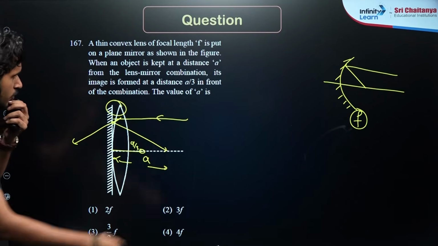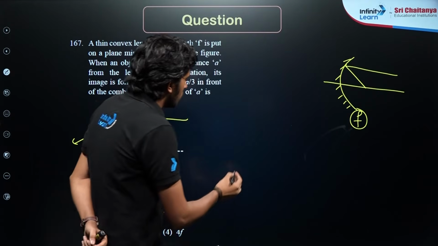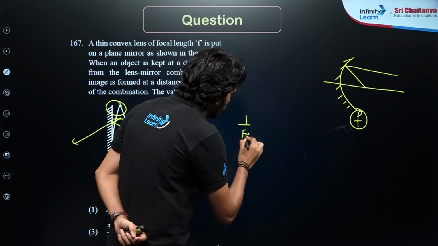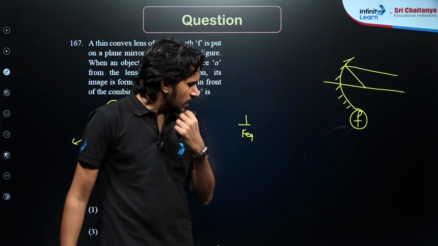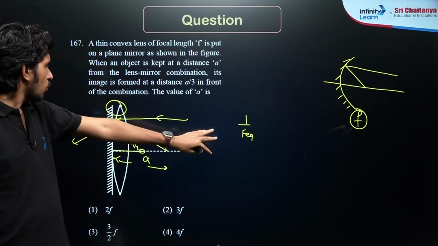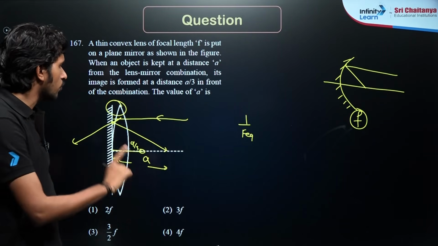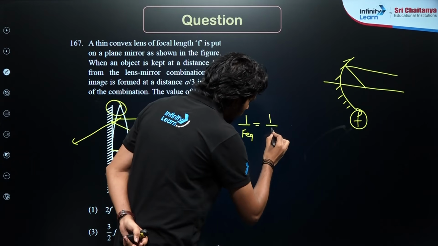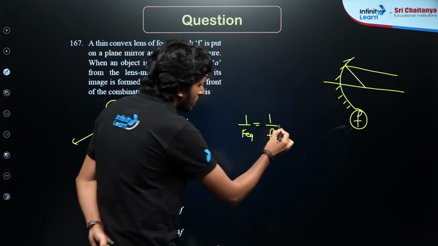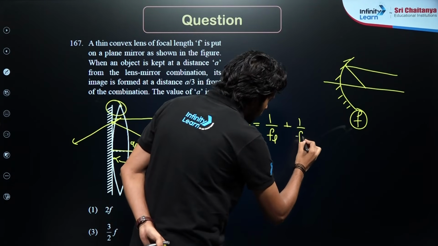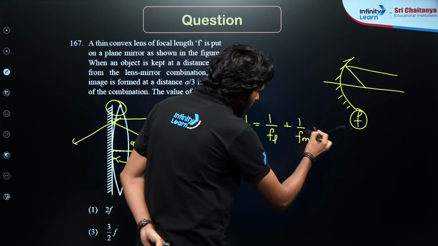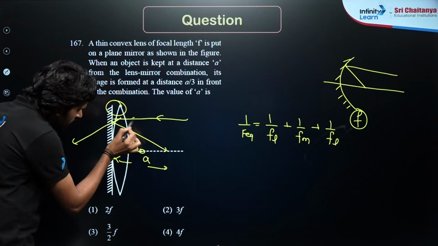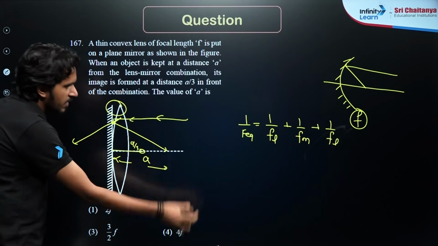So let's do it. First of all, let's write what will be the equivalent focal length. So that is 1 by FL, then 1 by FM, the mirror, and again 1 by FL. Why? Because the ray is passing through the lens first, then the mirror, then again the lens.